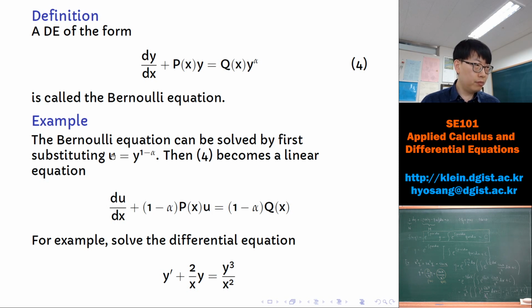So if you substitute u as y to the 1 minus alpha, you can change your differential equation to the form below, and you can now solve this equation with the same method that we explained right before. So let's derive this formula and solve this differential equation for the example.